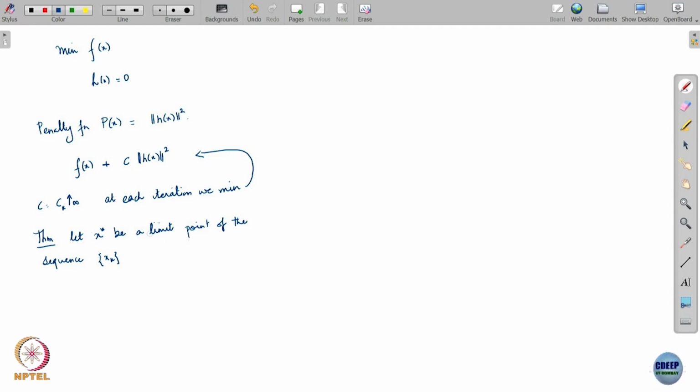Let x star be the limit point of the sequence xk obtained by minimizing f of x plus ck norm h of x the whole squared, where ck is increasing to infinity, all right. Okay.